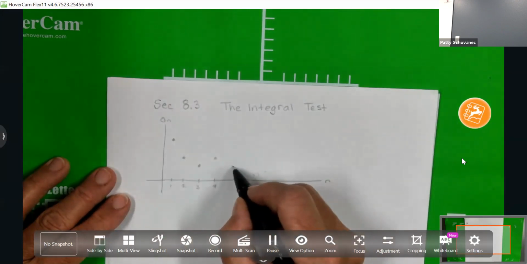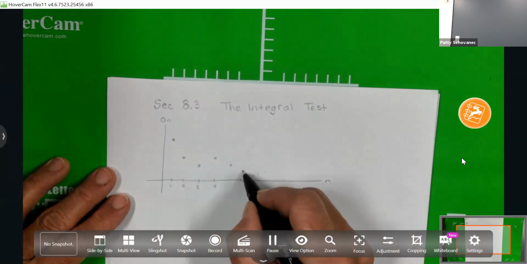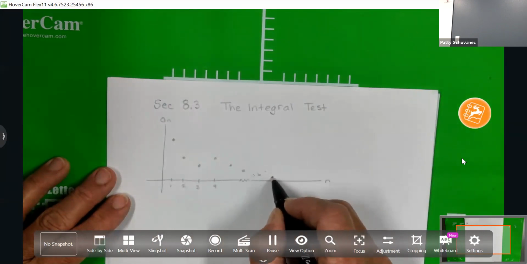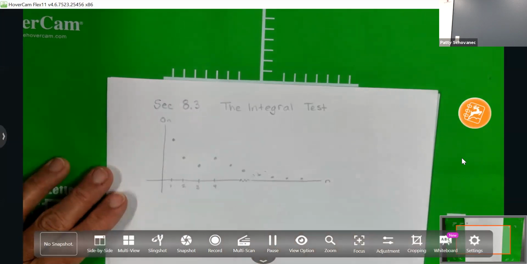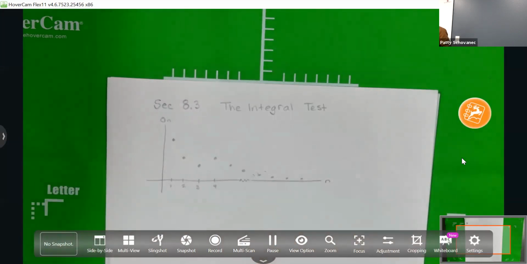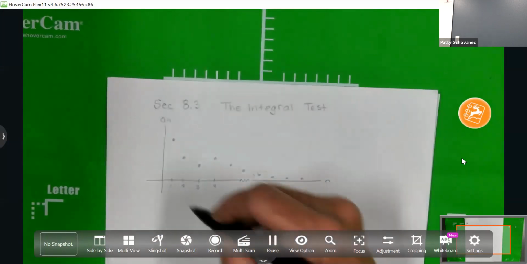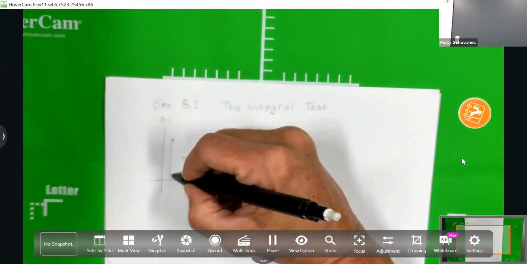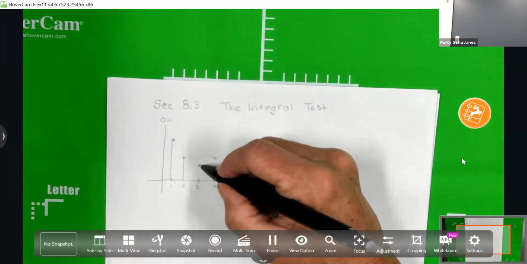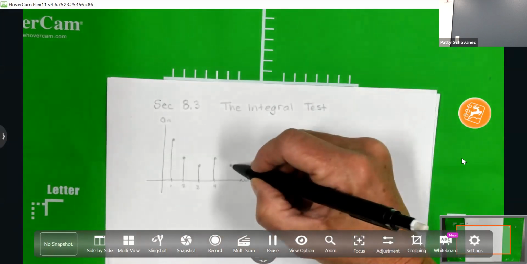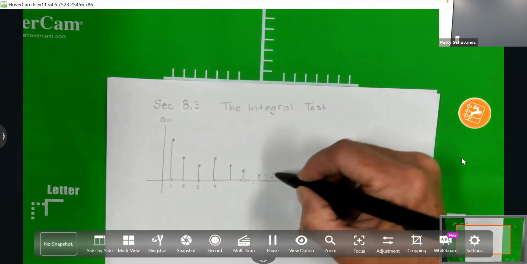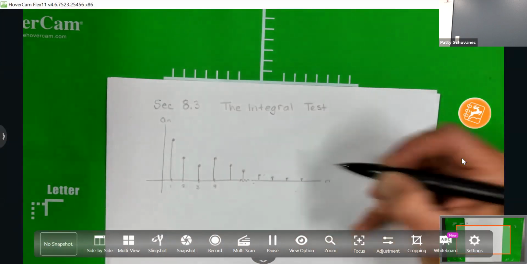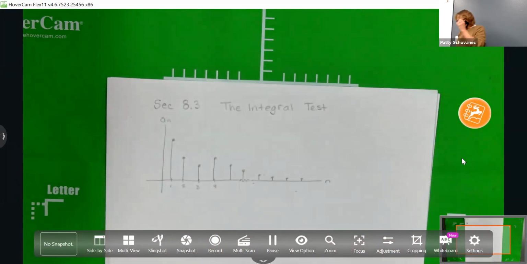But as I move down the line, they form a decreasing sequence. Now I'm going to draw vertical lines connecting those, because our series is the sum of those vertical lines. If the sum of those vertical lines is a finite number, the series converges. If the sum of those vertical lines is an infinite number, the series diverges.